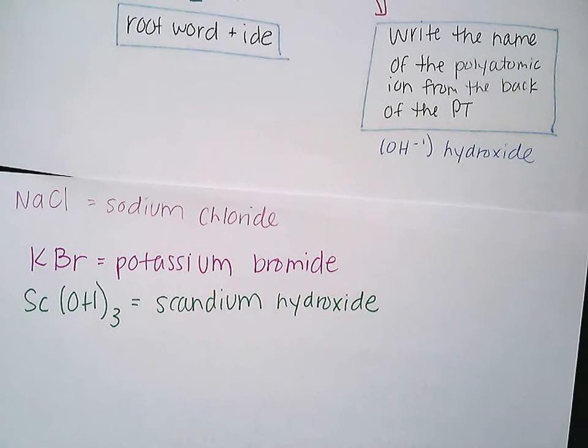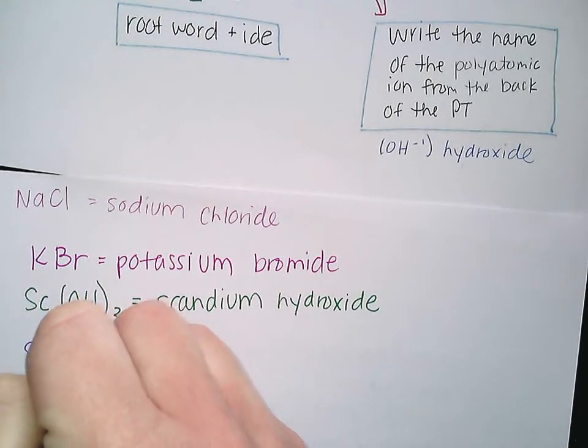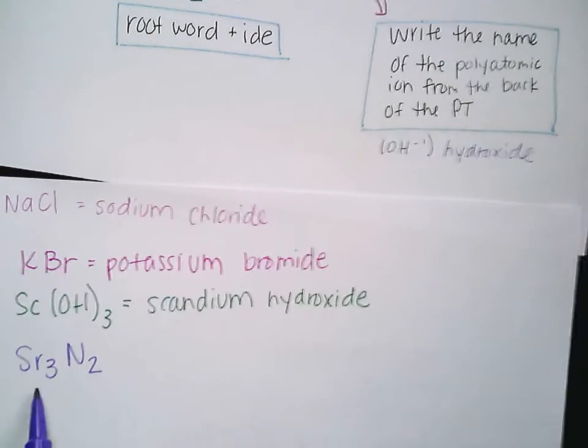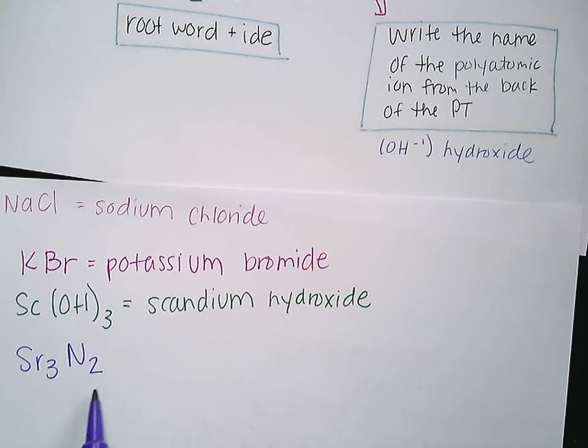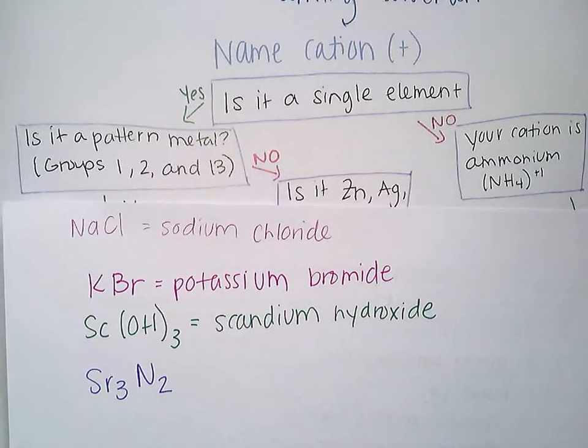Let's take a look at our next example here. Sr3N2. Now this one has subscripts for both numbers, so let's see if that affects anything. First question for my cation, is it a single element?